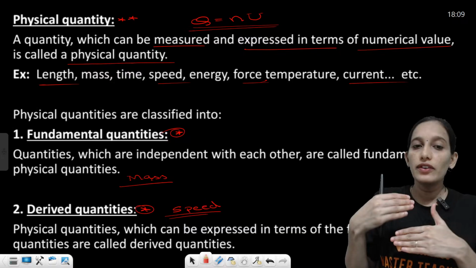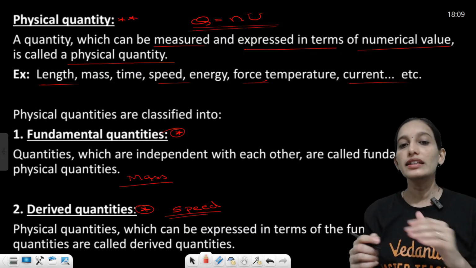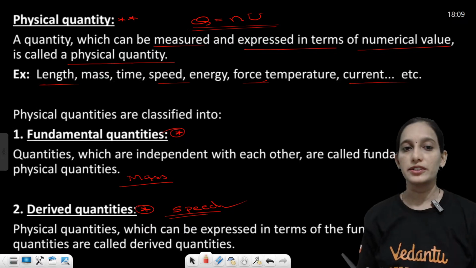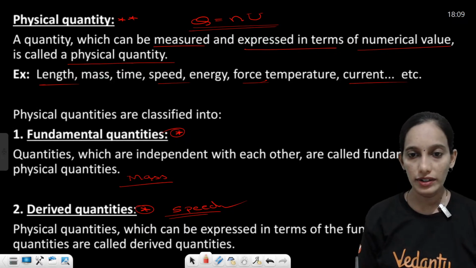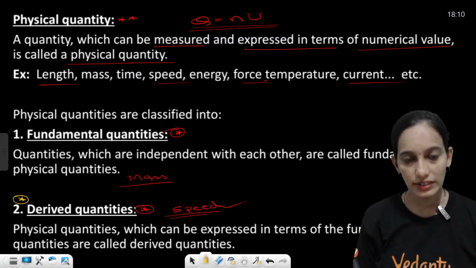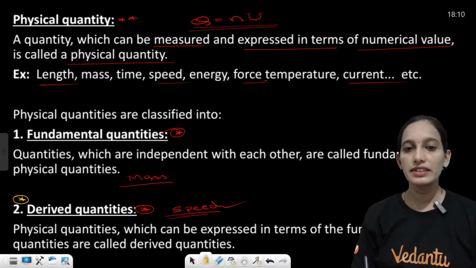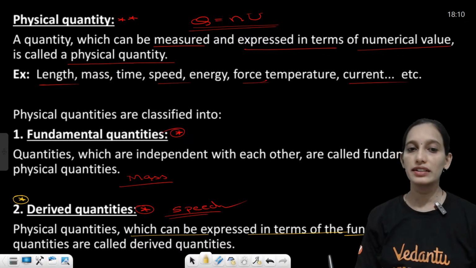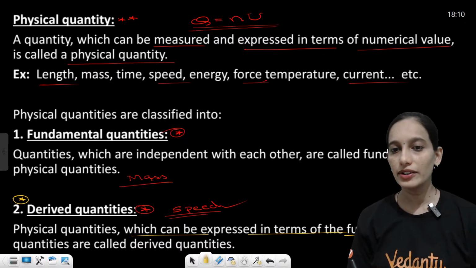So we can further express quantities like speed in terms of other quantities. They are called derived quantities. The physical quantities which can be expressed in terms of fundamental quantities are called derived quantities.